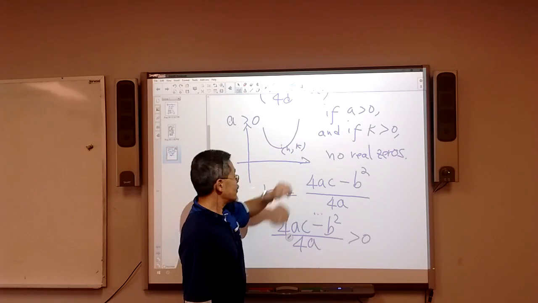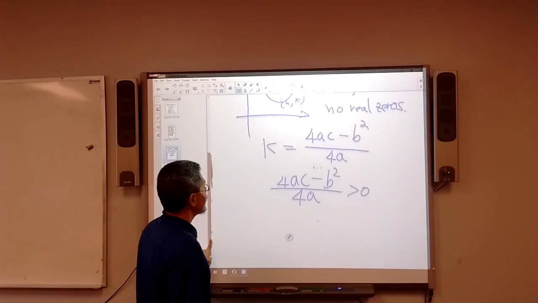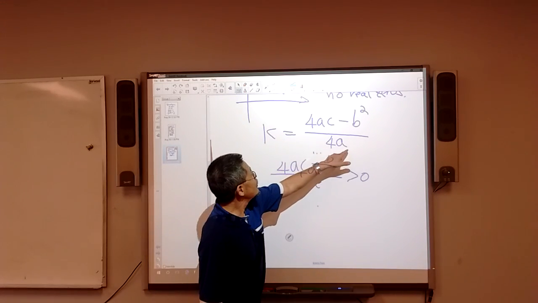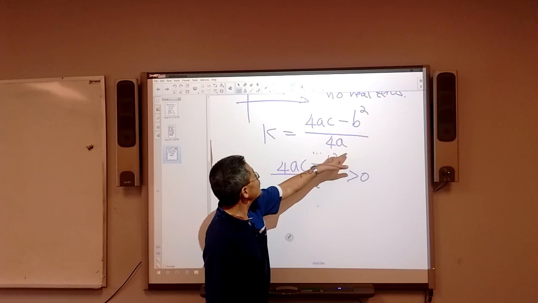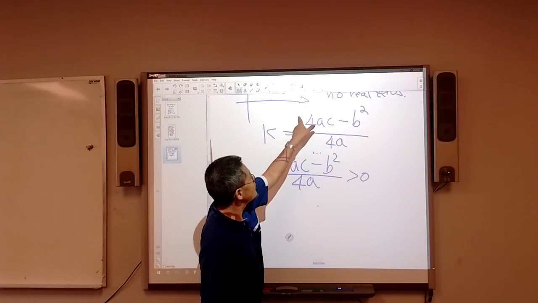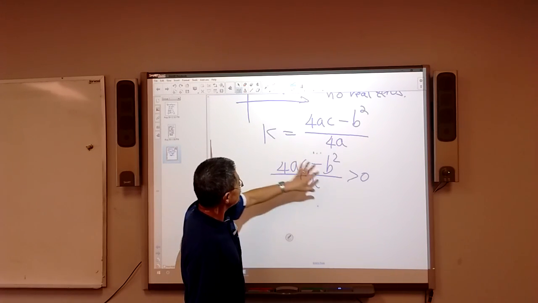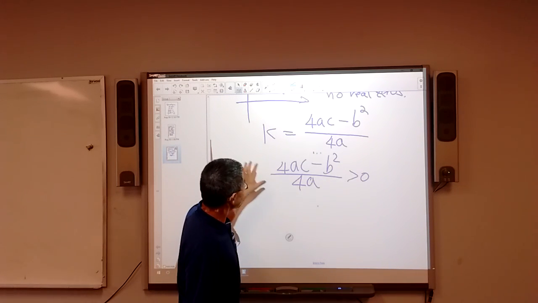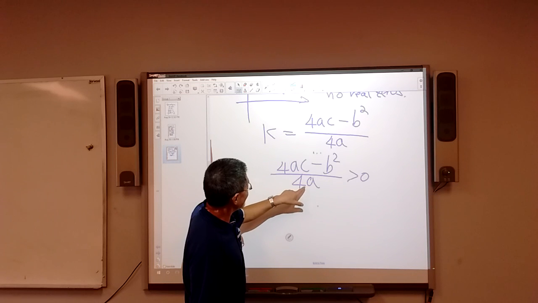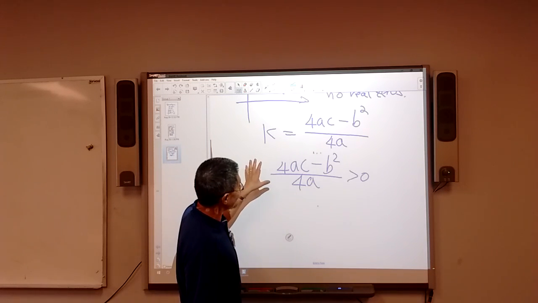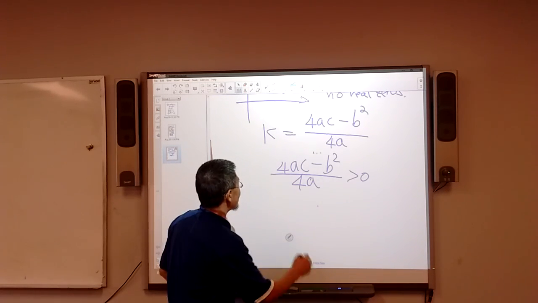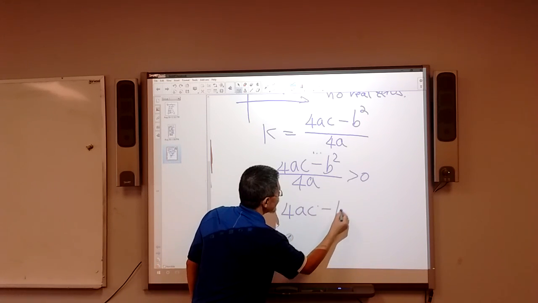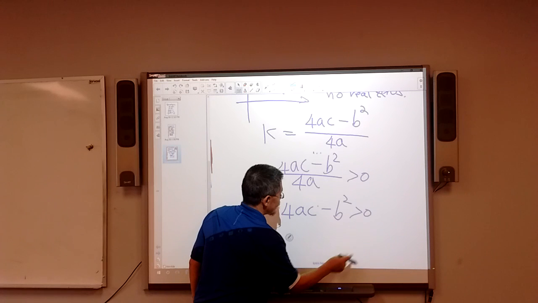This comes from the vertex formula, because we know k is equal to that. So if k is positive, then this has to be positive. Because a is positive, if we multiply 4a on both sides, we get that 4ac minus b squared has to be greater than 0.